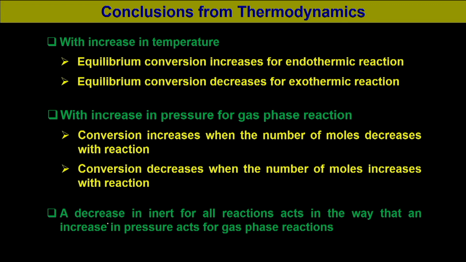So, the effect of inert can be seen for all kinds of reactions. If we decrease the inert, it will act in the same way as with increase in pressure for the gas phase reactions.